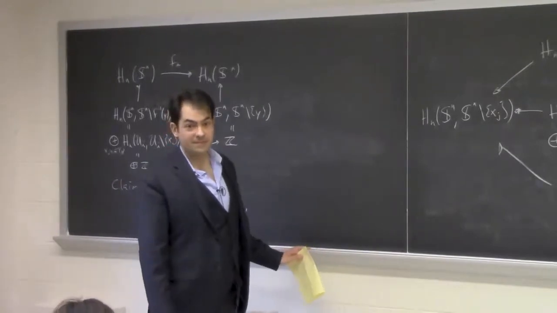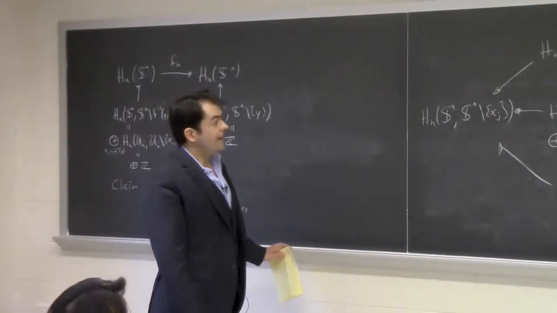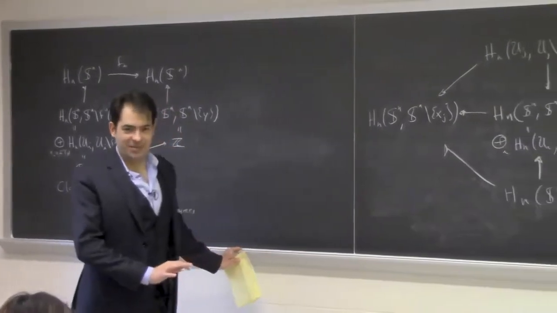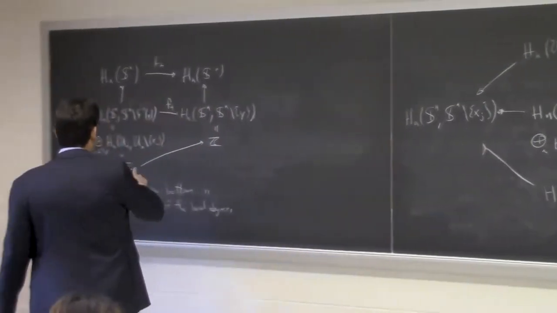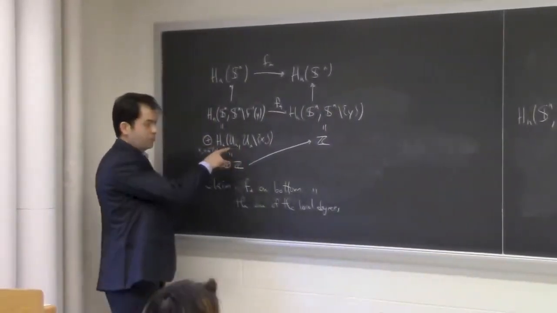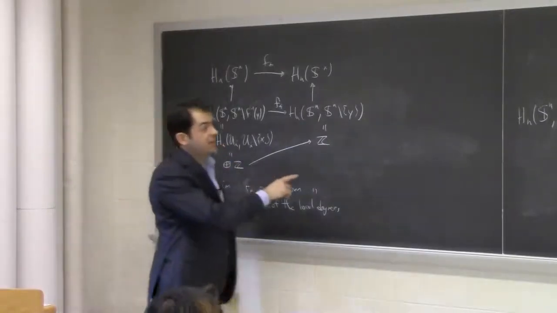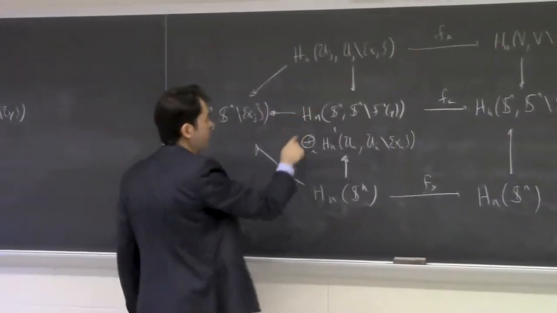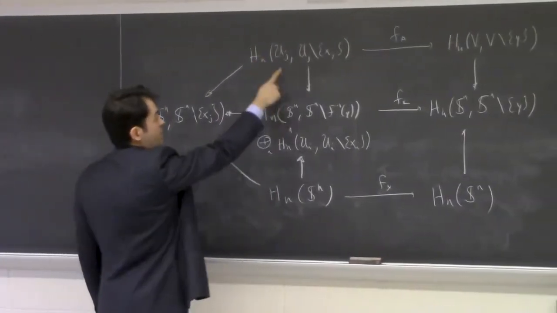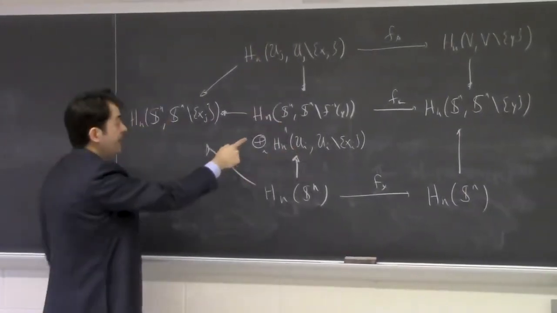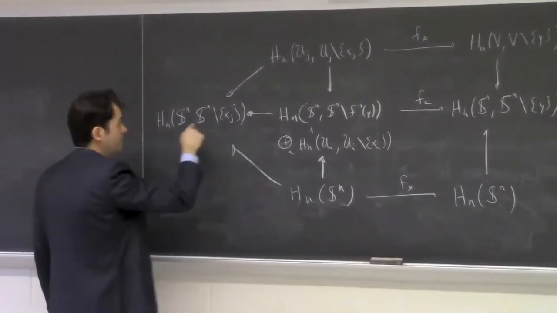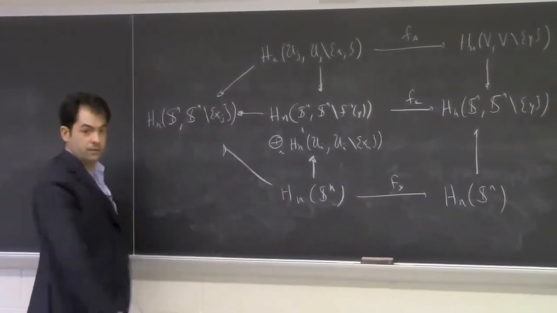How do you know to write this diagram? It's not so bad, actually, because what we want to know is what's happening to these individual factors, right? The individual summands. And notice this map is just the inclusion of the jth summand. And this map is just a projection onto the jth summand.